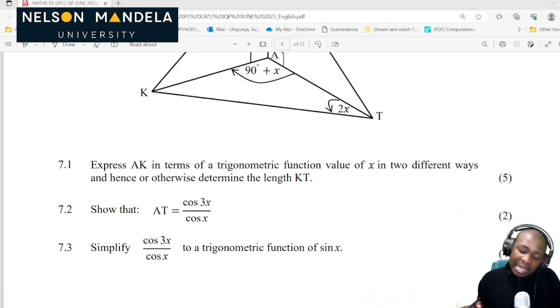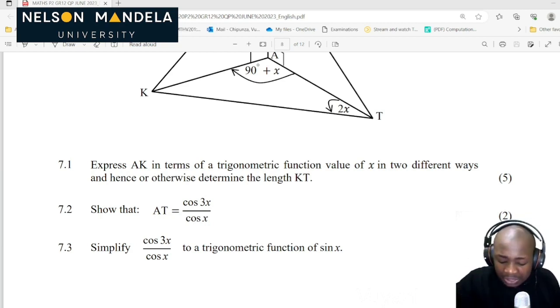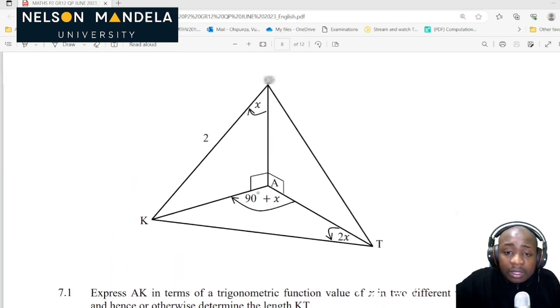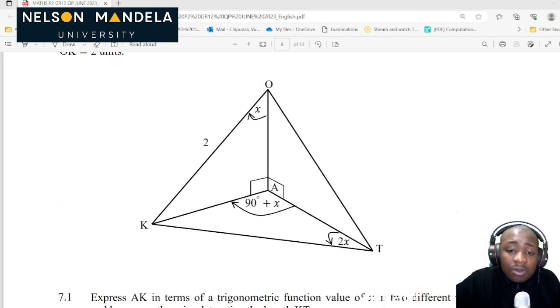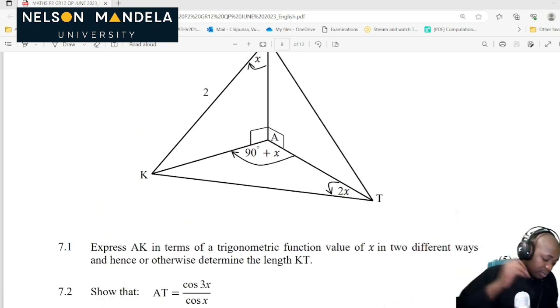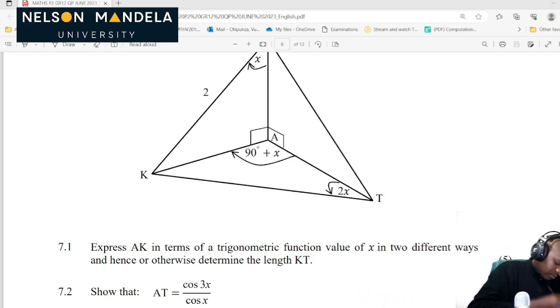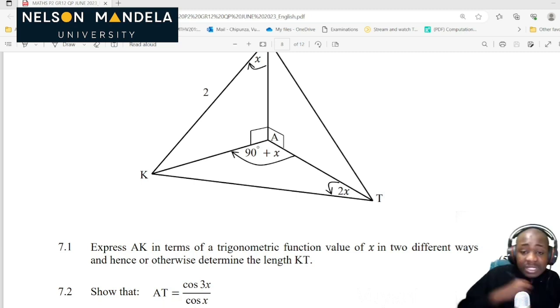Why do they love making our lives difficult? Now let's check something. In triangle OAK, do you see it? Okay, so let's try writing that. So this is our question number 7 on trig. So 7.1. We start by saying in triangle OAK, what do we see in that triangle?